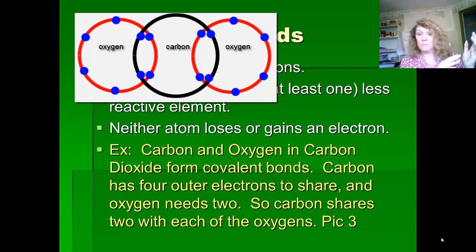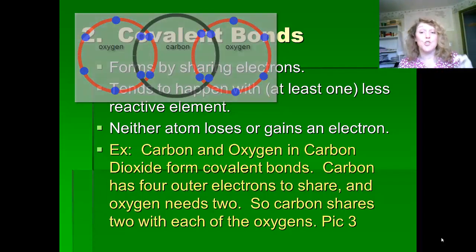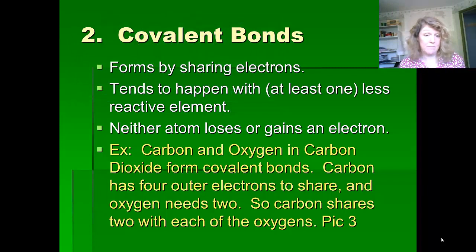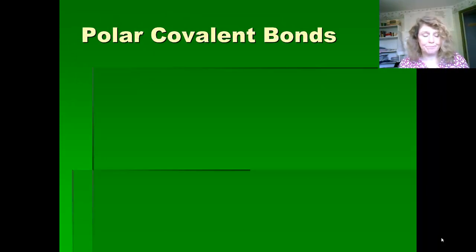And then the other oxygen also shares 2 of carbon's, and it takes 2 of its own and gives them to the carbon, and so now everybody is full. And this is a really strong bond. These are really hard to break.